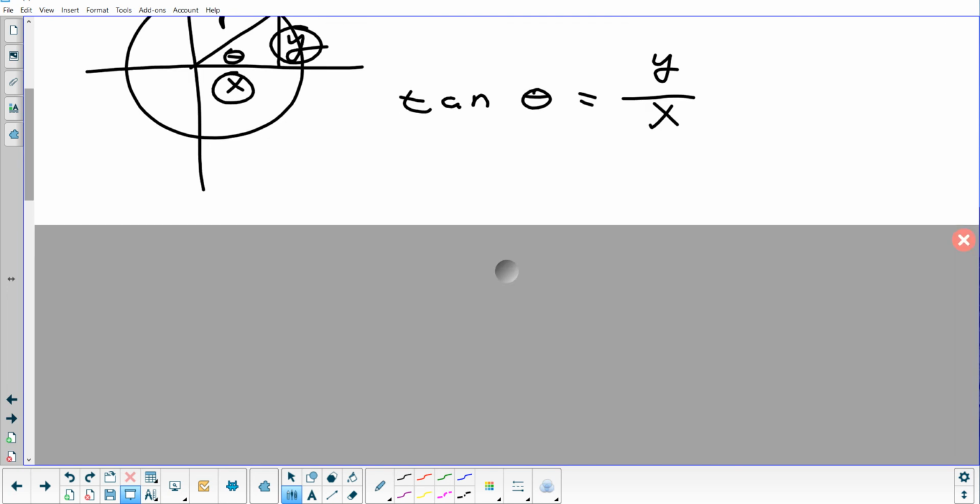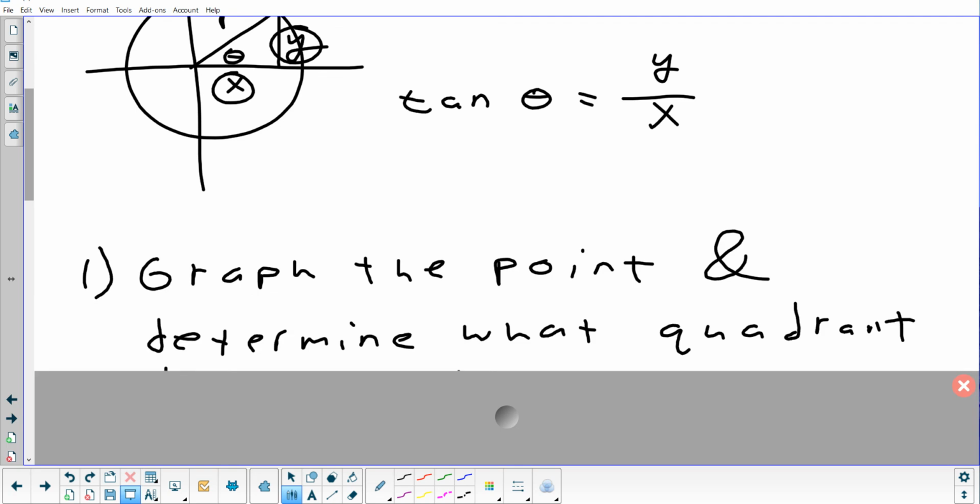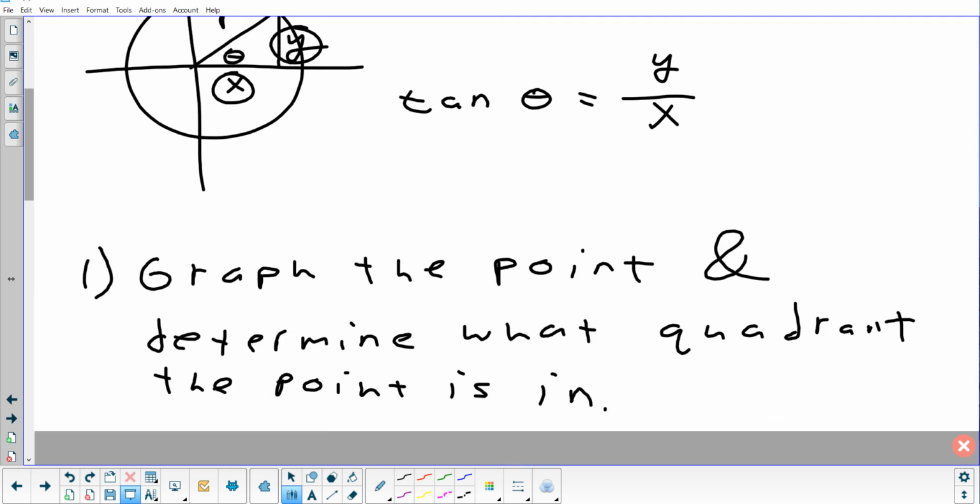All right, so let's write that down nicely so we have some steps. My first suggestion is to graph the point and figure out the quadrant. Because when we studied inverse tangent, does anyone remember what two numbers the inverse tangent was always between? Negative 1 and 1?